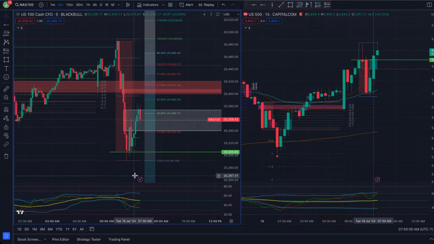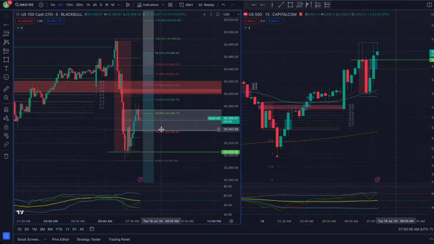Then we might as well wait for a confirmation short and then another retracement. Now still just playing inside that fair value gap.